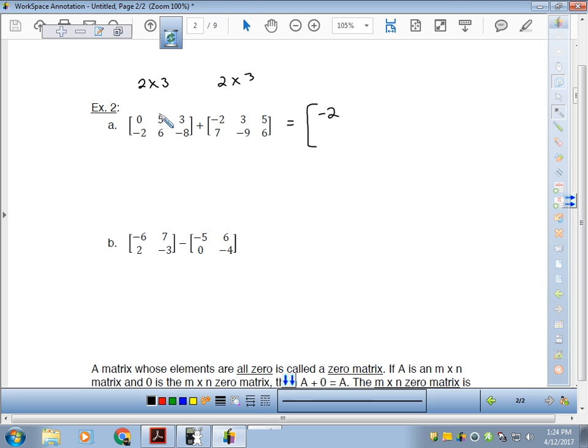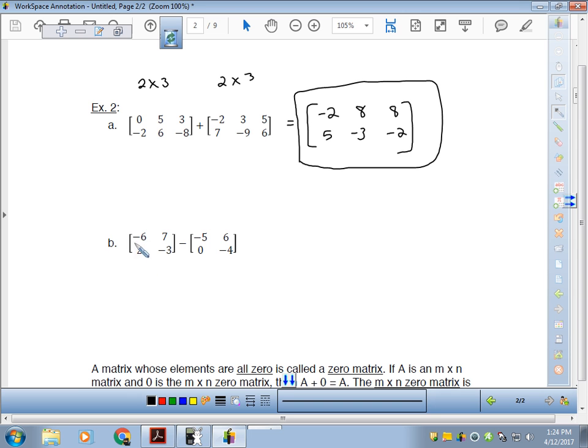The next one, 5 plus 3, 8. Next one, 3 plus 5, also 8. On the bottom row, negative 2 plus 7 is 5. 6 plus negative 9 is negative 3. Negative 8 plus 6 gives me negative 2. So there's what I get when I add those two matrices together.